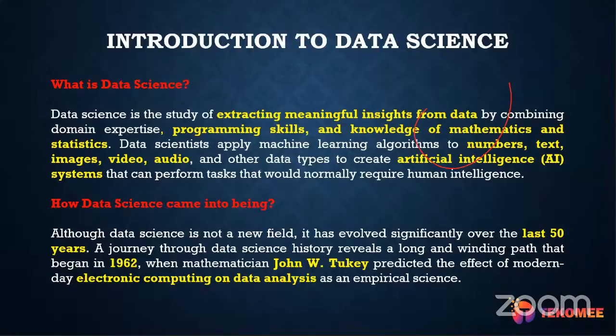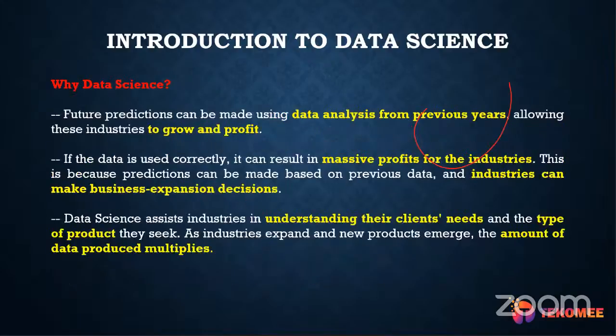This was one of the pioneer studies for people to understand more about data science, and about how data science and artificial intelligence could play a huge role in the coming future, right? So why data science?